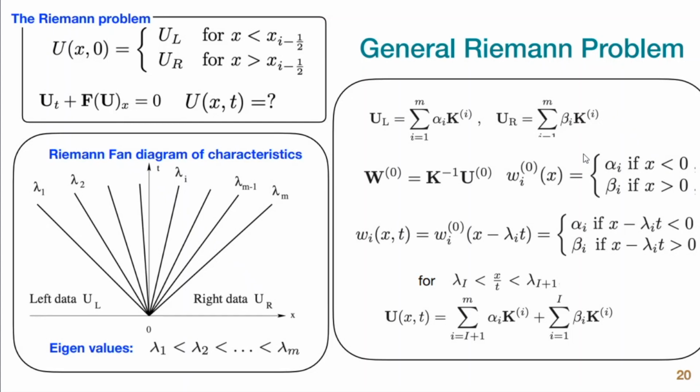So this full solution runs from I equals 1 to capital I, and then I plus 1 to n. I to 1 is the beta state, the right-hand state, and I plus 1 to n is the left-hand state. Again, this may feel a bit dense. If I speak about it for 12 minutes, you won't understand more than you already have. But if you just sit through it and look at it for a while, this becomes very clear to you.